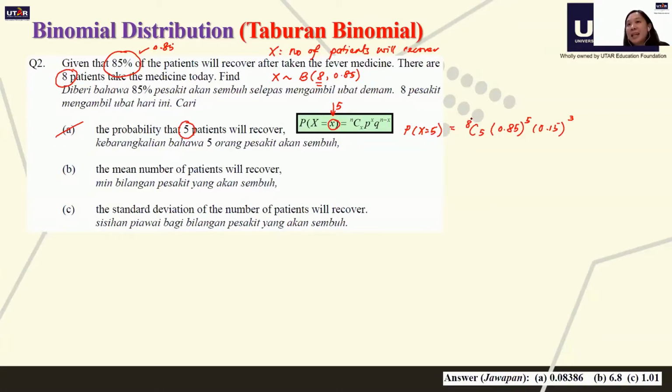Remember, n is given as 8, the question asks for 5, and p is 0.85. But remember, q will be the failure rate compared to the success rate of 0.85, so the balance is 0.15. Use this formula, and I believe you can get the answer as 0.8386.